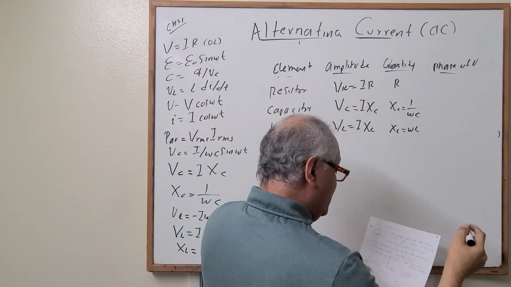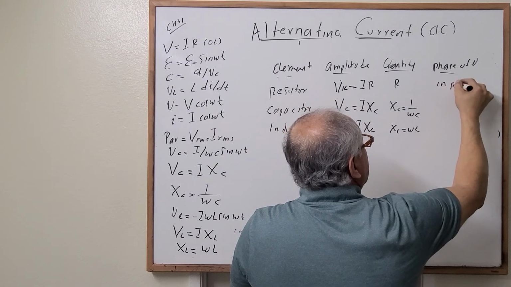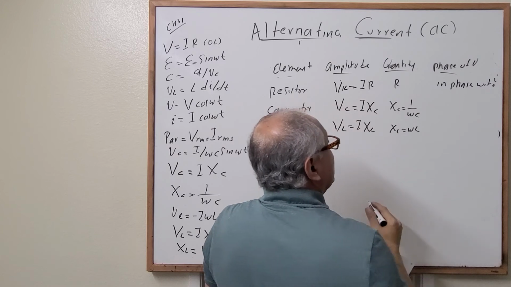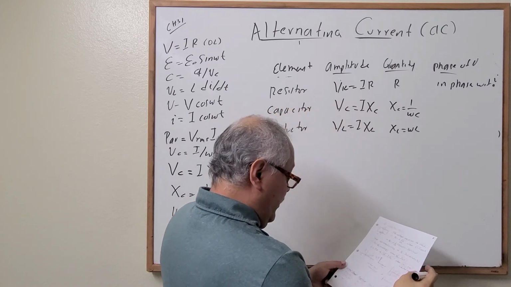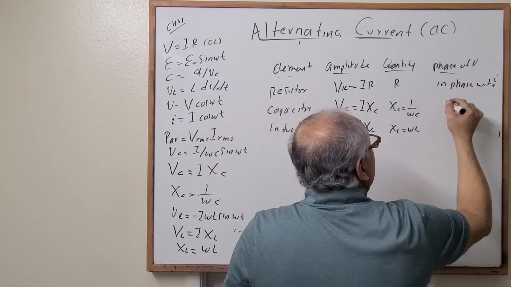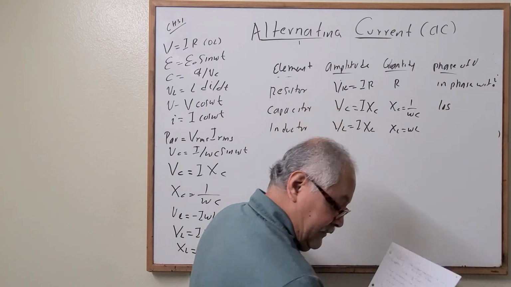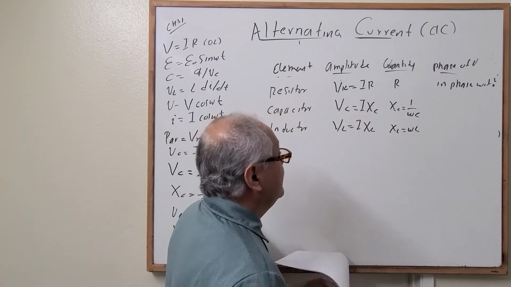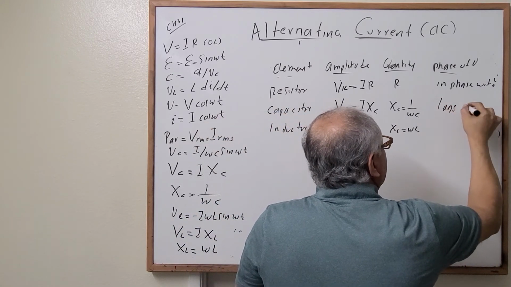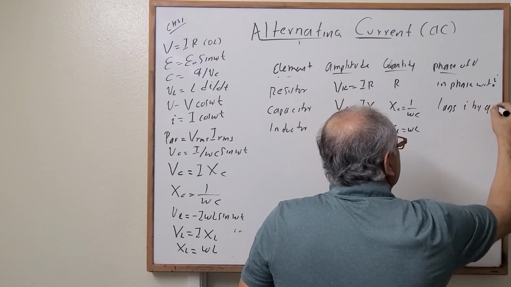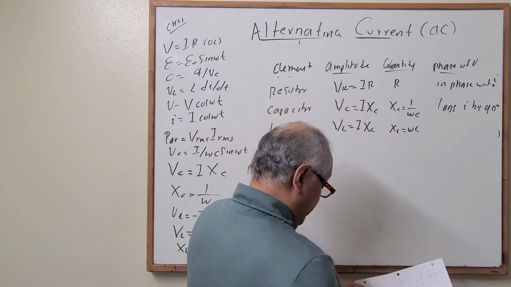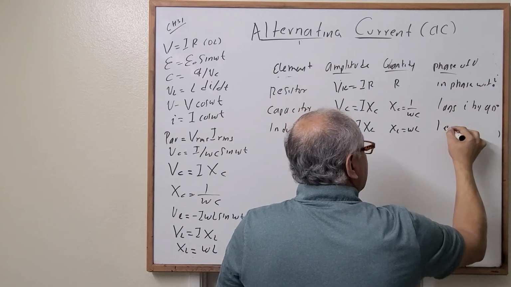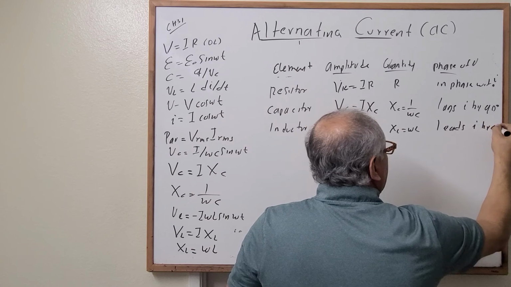For the resistor, the voltage is in phase with the current. For the capacitor, the voltage lags the current by 90 degrees. And for the last one, the inductor, the voltage leads the current by 90 degrees.